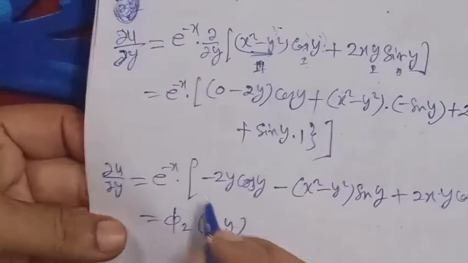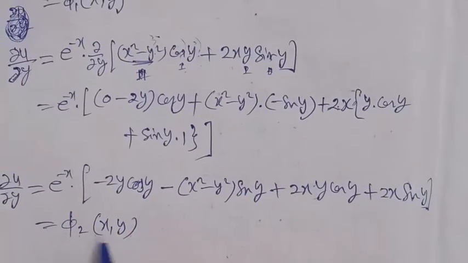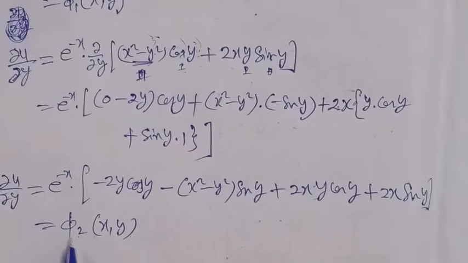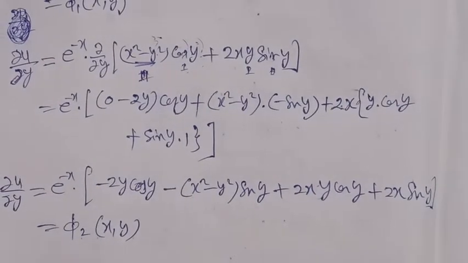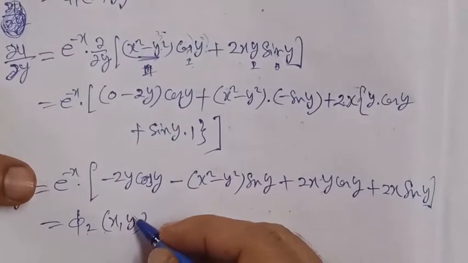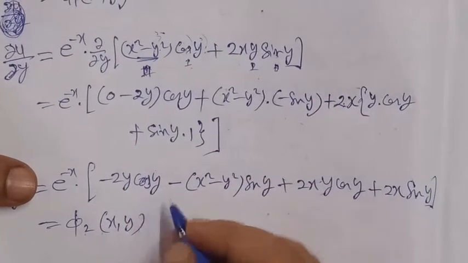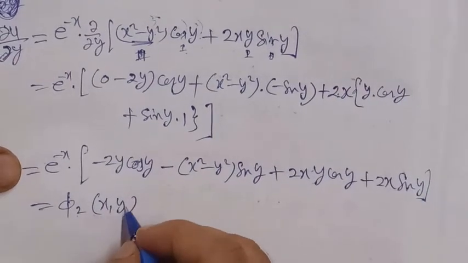We have here φ2(x, y) equal to this value, so we put z in place of x and 0 in place of y in this value, which is equal to φ2(x, y).